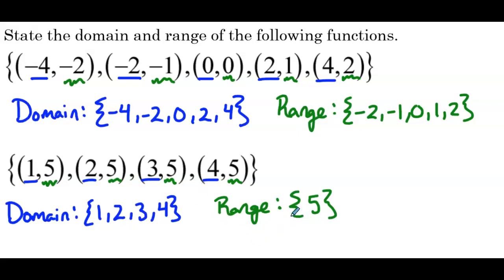Could that be switched? Meaning, could we have less numbers in the domain than we have in the range? And to get you thinking in the right direction, think about what the definition of a function is. Every input has to map to only one output. So if we follow that definition, the answer to my question, can that trait be switched?